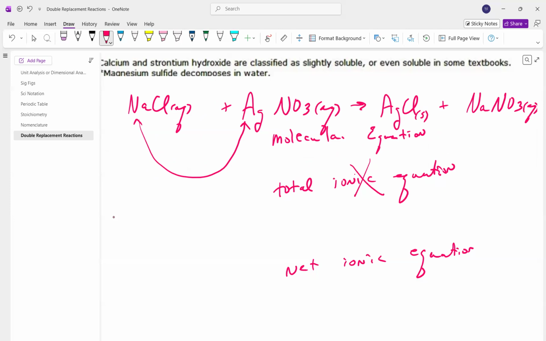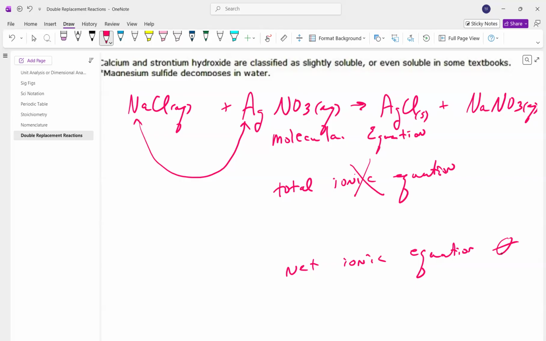Like, can you say net it up? Yeah, just get rid of the superfluous stuff, right? Just tell me what's going on. Okay, so a net ionic equation says what's going on. Sometimes nothing happens when you mix them together. So that would be a null set.